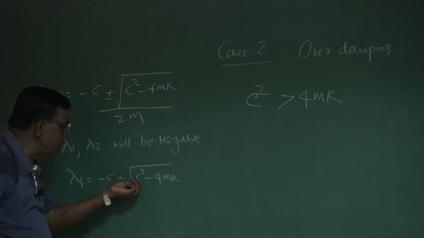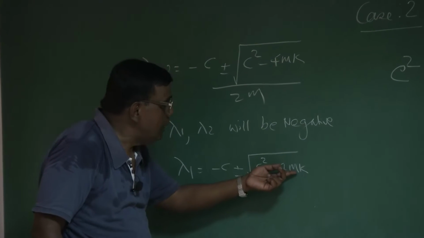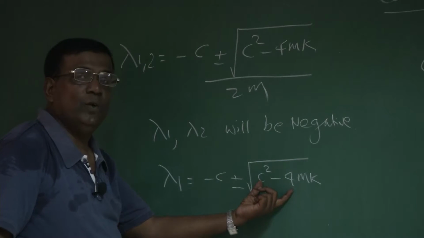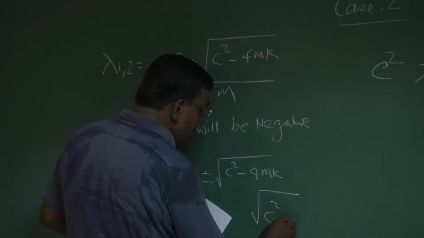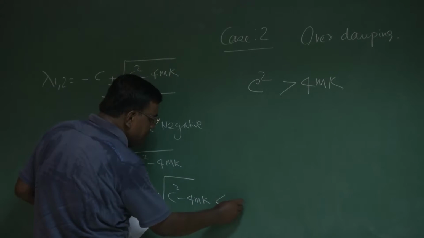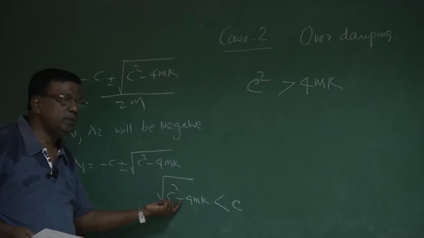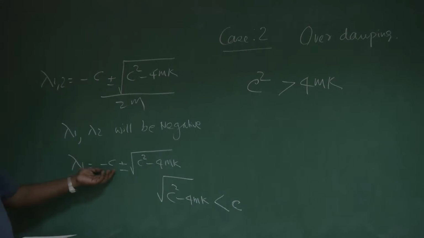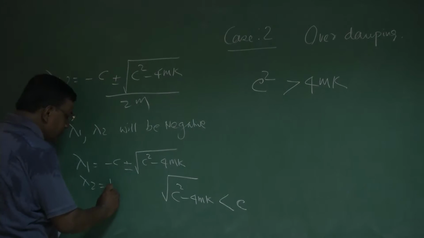Since m and k are positive, this root of c square minus 4 mk will always be less than c. Obvious, because something has been extracted out of c square. If this was 0, they would have been equal. So naturally lambda 1 will be negative and lambda 2 also will be negative.